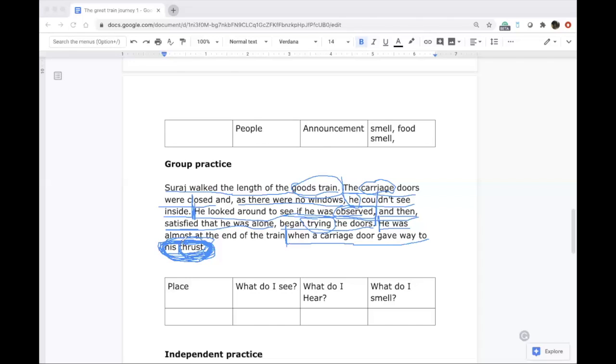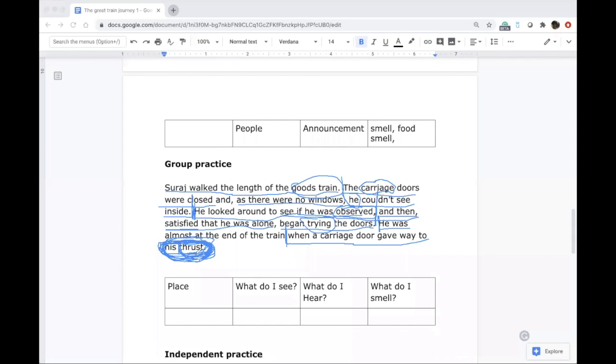The carriage door was very tight. So he is pulling the carriage door with a lot of power, with a lot of energy. So thrust means force. Now read this sentence and tell me, does this make sense? When a carriage door gave way to his thrust, the carriage door opened because of Suraj's force. Do you see how it makes the meaning?